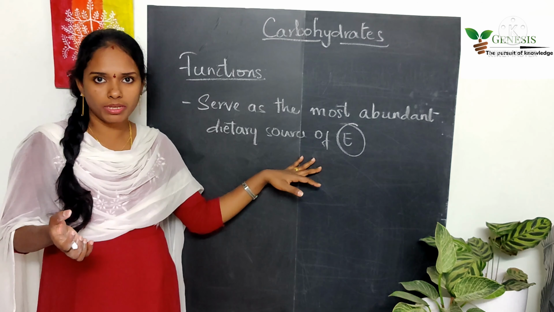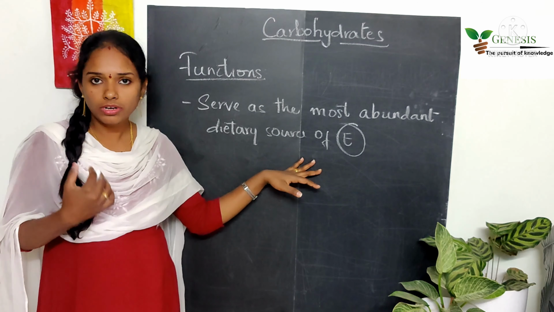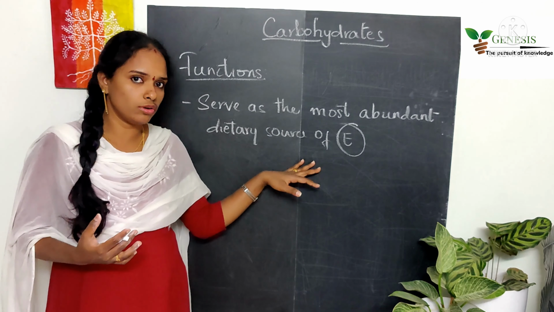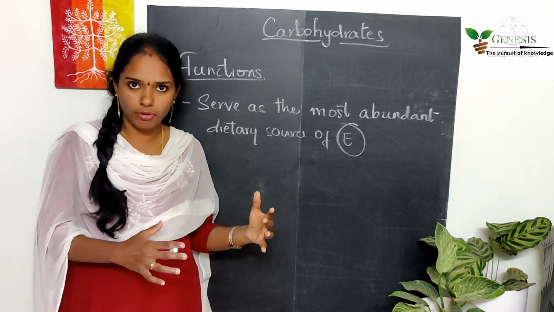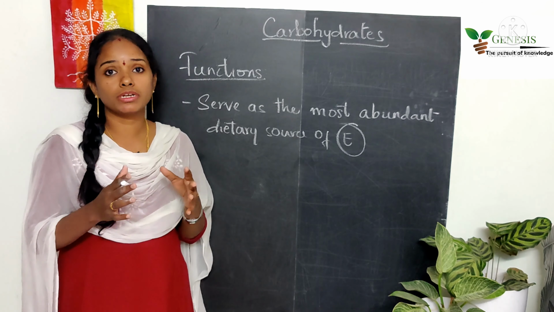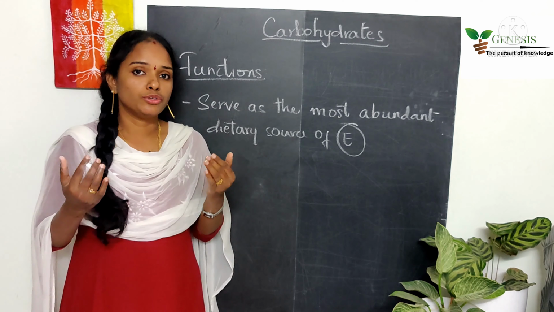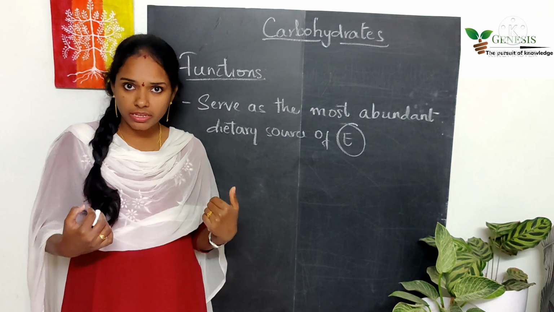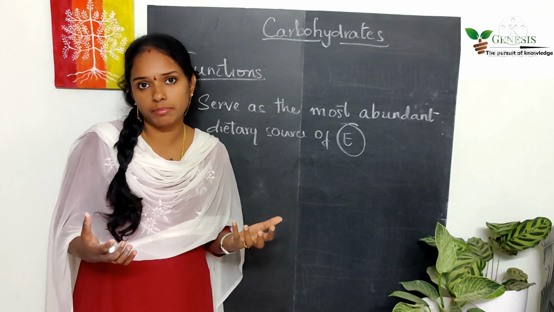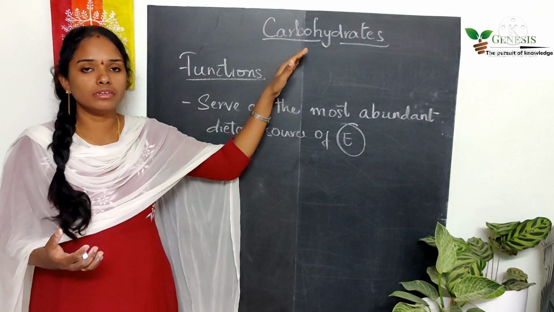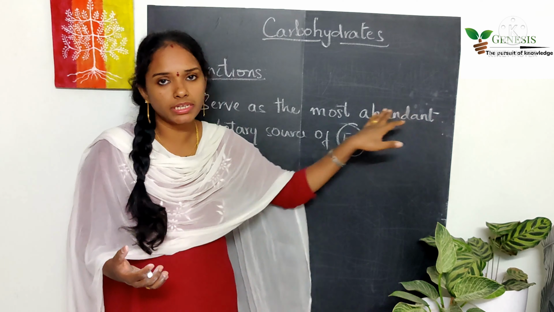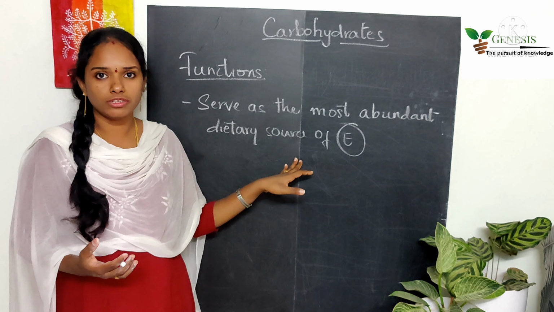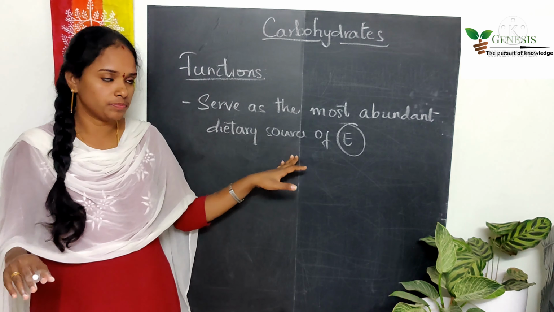We all are consuming carbohydrates for gaining energy. Of course, we all know that proteins are important, fats are important. Even though they are very important for health, along with them, carbohydrates are very important to gain the energy, and also to use the energy immediately. We depend mainly on carbohydrates, and these are the most abundant dietary sources of energy for any organism.